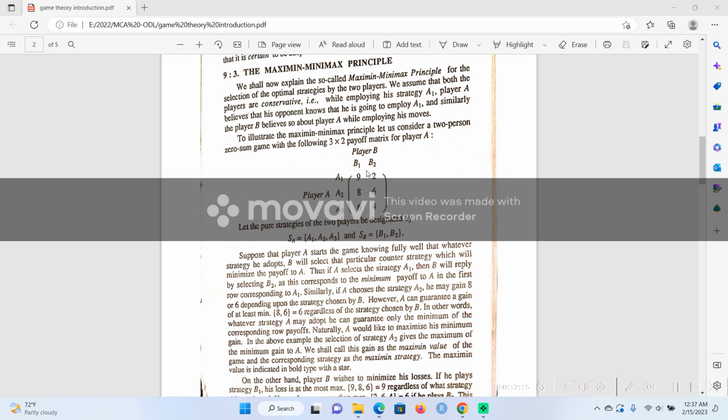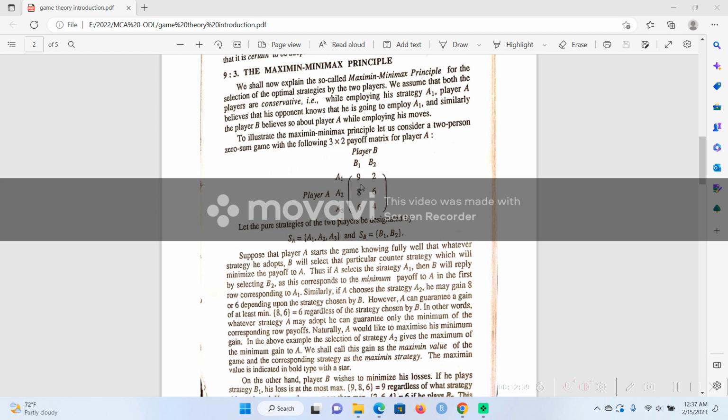If we consider from the point of view of player B, if player B selects B1, he is going to lose 9 rupees, 8 rupees and 6 rupees.